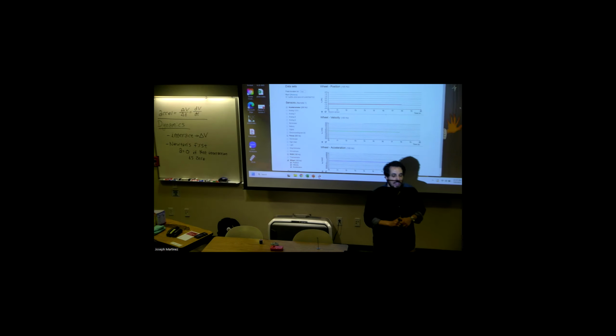So Newton's first law says acceleration is equal to 0 if the net interaction is 0 as well. This is just a way to say if you don't interact with an object, it will not change its motion.